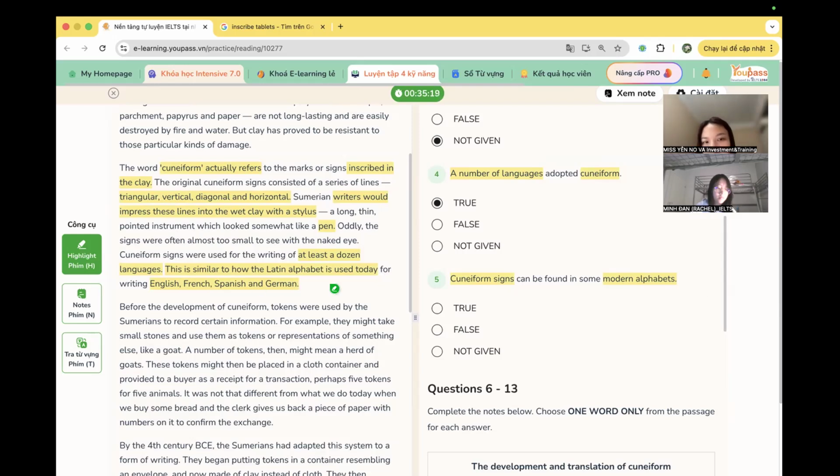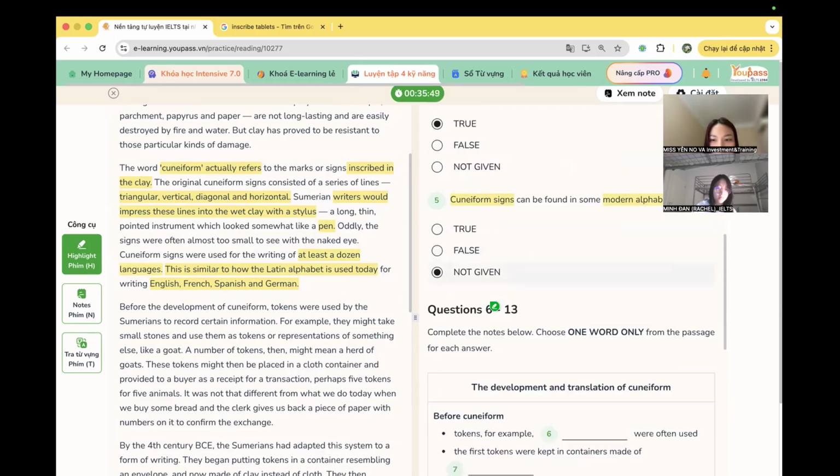But this part is not actually confirmed, that it is used in modern alphabets. Just similar, nothing can be found. So I think it's better to be not given, because with number 4 you can see a dozen languages is correct. Yet, can be found in modern alphabet, I don't think you can see the details to confirm that.